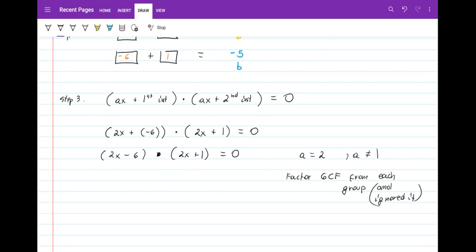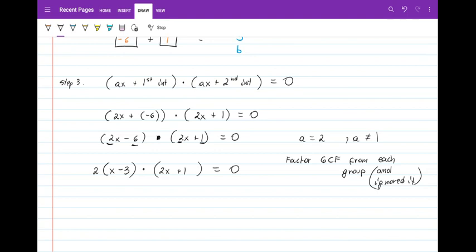Okay, so in the first group, the greatest common factor is 2. I'm going to factor out 2. So we have x minus 3 times, from the second group, the greatest common factor between 2 and 1 is just 1. So if the greatest common factor is 1, just copy the parenthesis, and that equals 0.